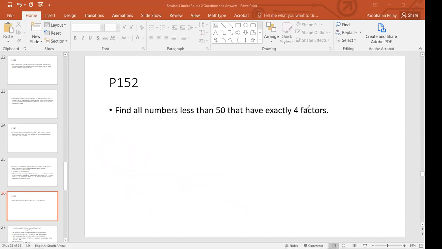Okay. So now, the question here is a little bit more complicated. It's to find all numbers less than 50 that have exactly 4 factors. So what have we got? Let's put it this way. Suppose n is such a number.